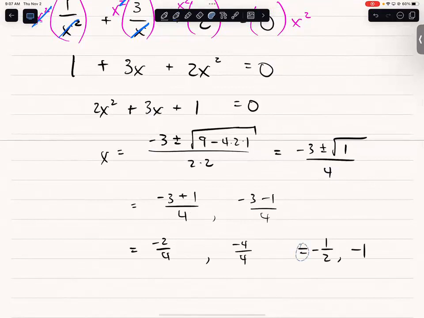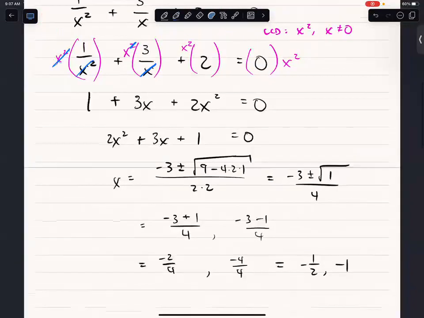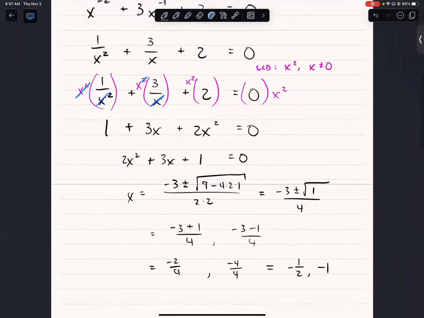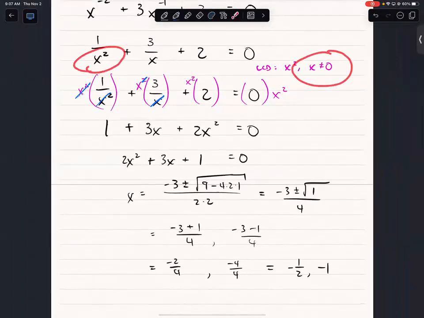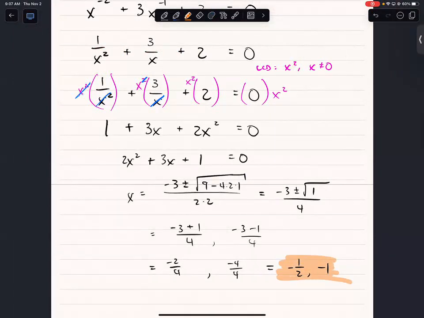So negative 1/2 and negative 1. Neither of which is 0 or would make any of the original terms undefined, right? So those are both fine. So this has two solutions. There they are.